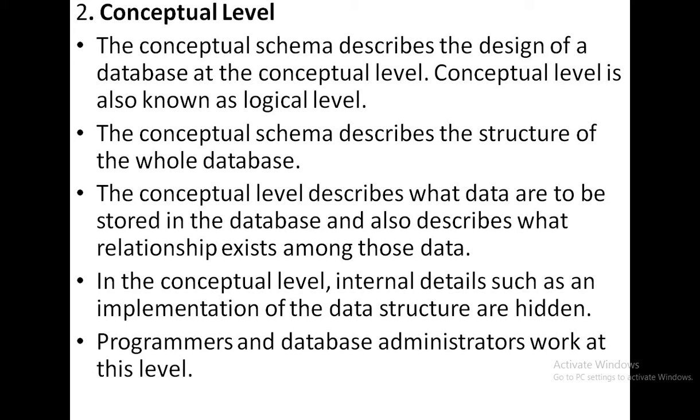Sorry, four types of relationships are there. Whatever data exist inside the database and the different relationships among these data are defined in the conceptual level, and the implementation of the different types of data structures inside the database is also defined in the conceptual level.